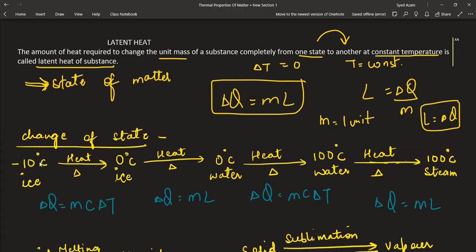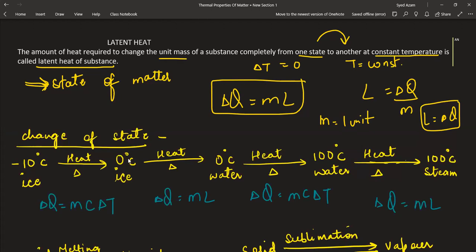There is a change in temperature, but the state is the same. This is solid, this is solid, this was ice, this was ice. So the heat required will be calculated by mc delta T. Now, 0 degree ice is there. I have provided more heat. So what will happen?